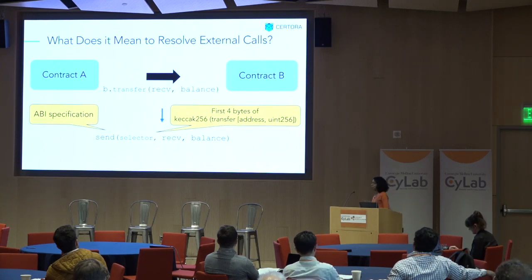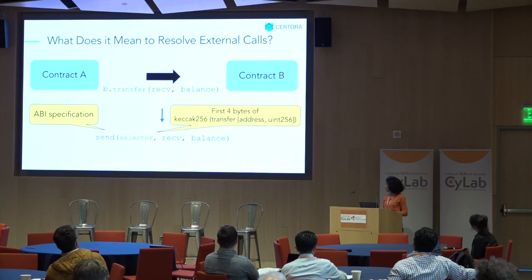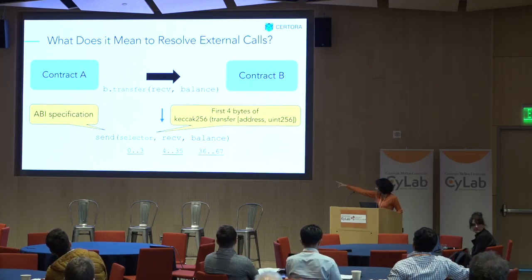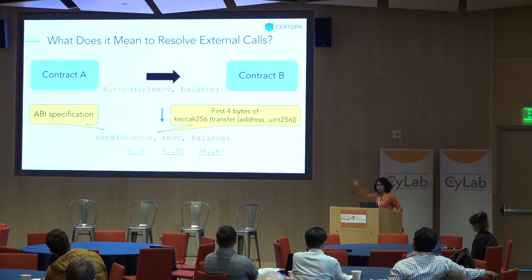So what do we want to do when we try to do external function call resolution? Just to give you the byte-level information here: the first 4 bytes will be the selector, the next 32 bytes will be the receiver, and the remaining 32 bytes is going to be the balance and so on, okay? Because you read in 32-byte chunks in EVM.